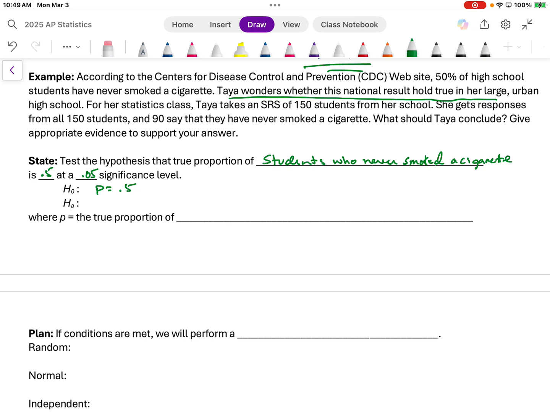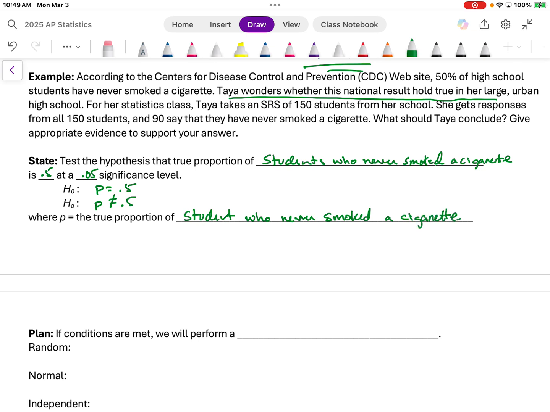Do they specify if it's greater than or less than? No. So we would do not equal to, where P is the true proportion of students. Technically, we should say at her high school, who never smoked a cigarette.